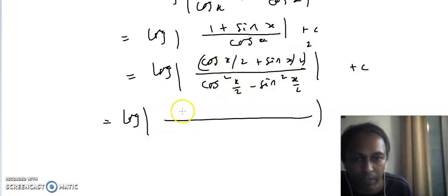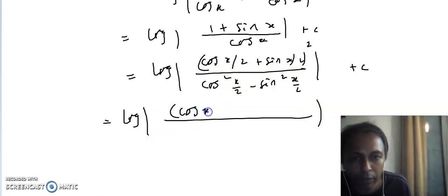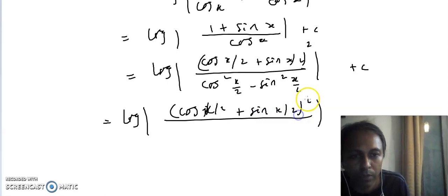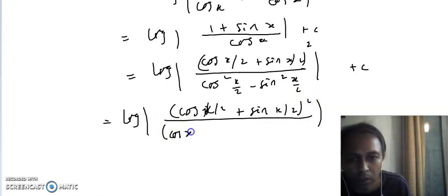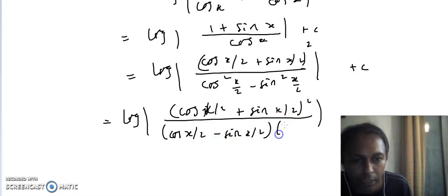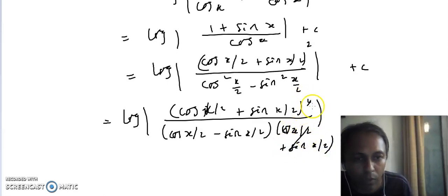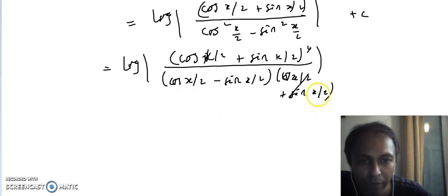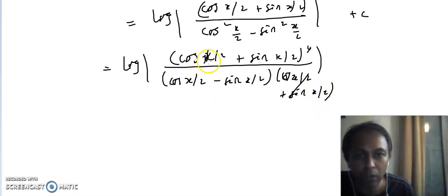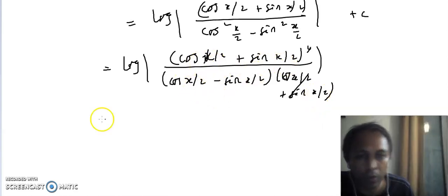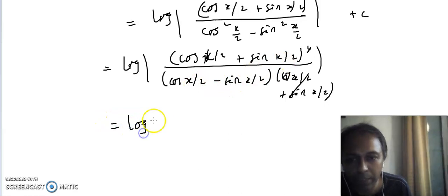This is equal to log of the numerator, which is the whole square, while the denominator can be written in the form of cos x by 2 minus sin x by 2 into cos x by 2 plus sin x by 2. We are able to cancel one of the factors, so we are left with cos x by 2 plus sin x by 2 upon cos x by 2 minus sin x by 2.